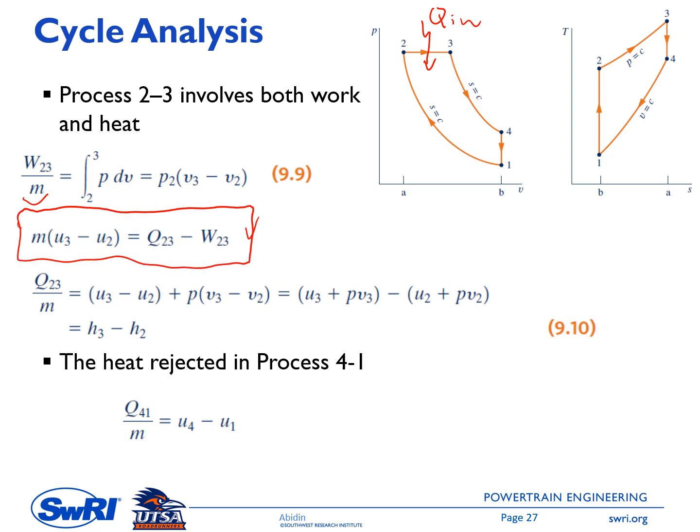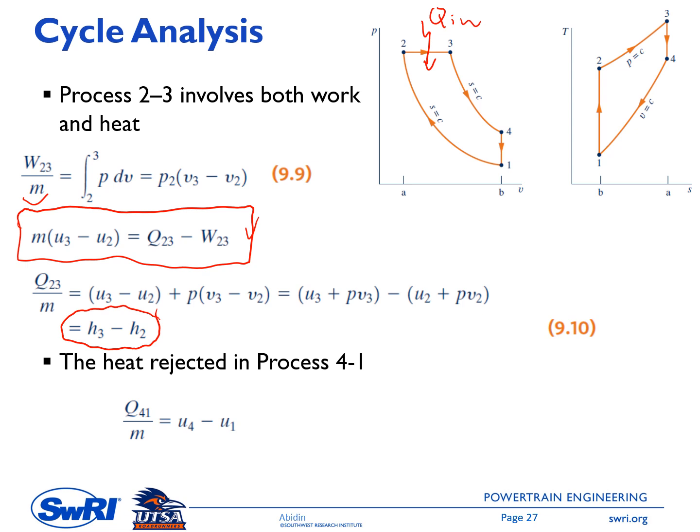And then by doing some manipulation on this formula, you have Q23 equal to H3 minus H2. So this is different from the Q in formula for the Otto cycle.